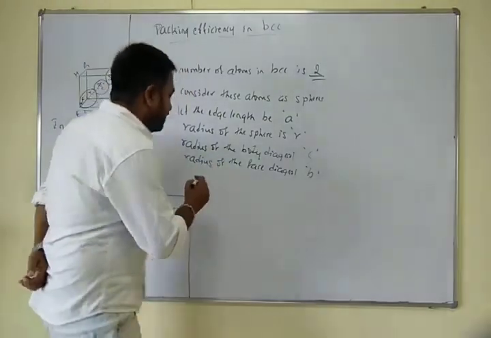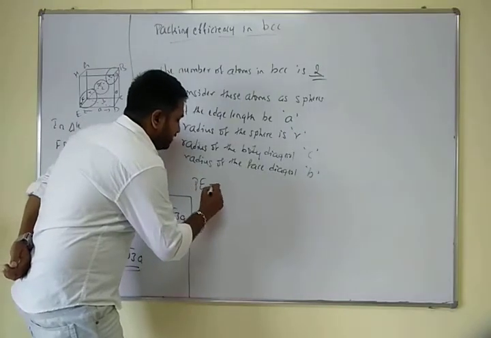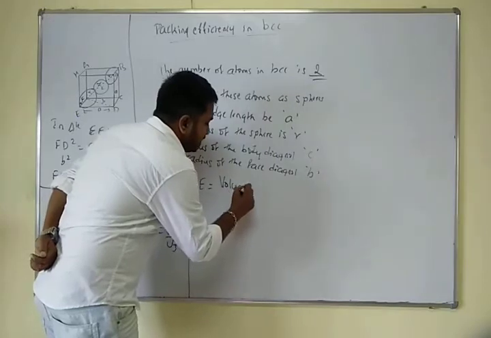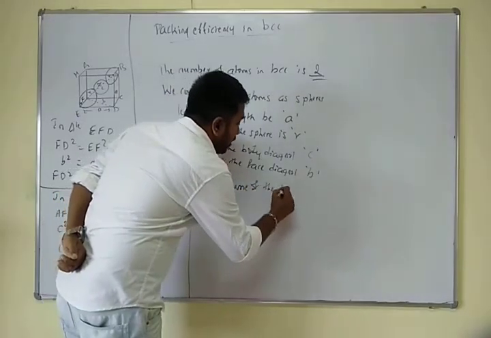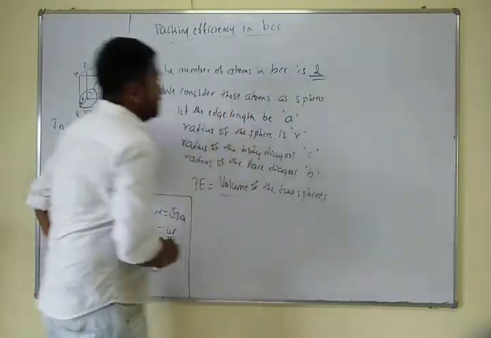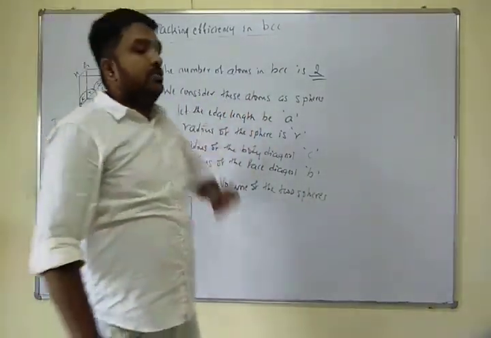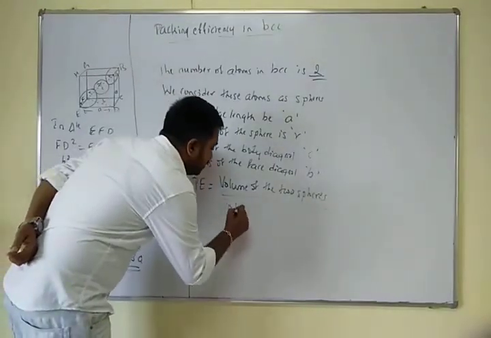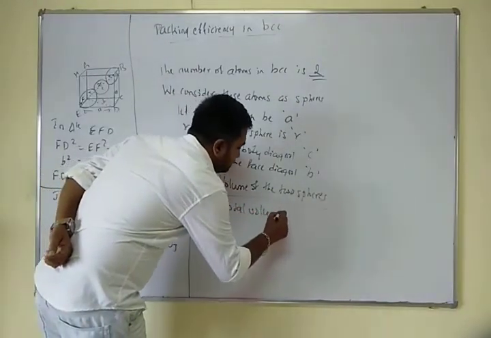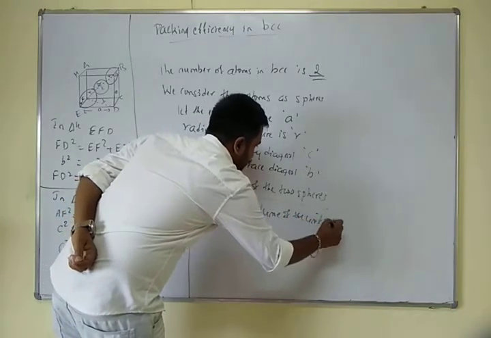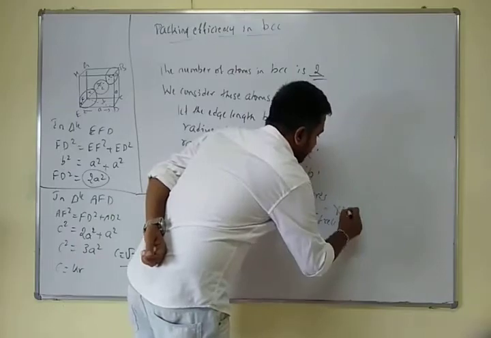Now let us apply the formula of packing efficiency. Packing efficiency is the volume of the spheres, volume of two spheres in this case, because the number of atoms is 2, so the number of spheres is 2, divided by the total volume of the unit cell, into 100.